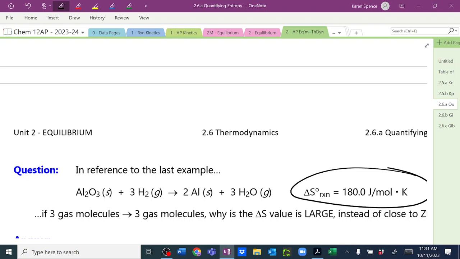Anyone know? We have 3 moles of gas over here. We have 3 moles of gas over here. So why is delta S large instead of close to 0? That doesn't make much difference.